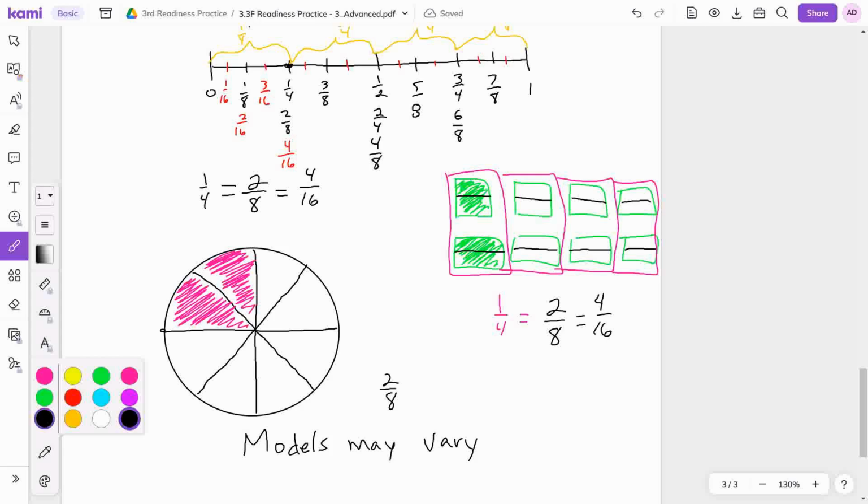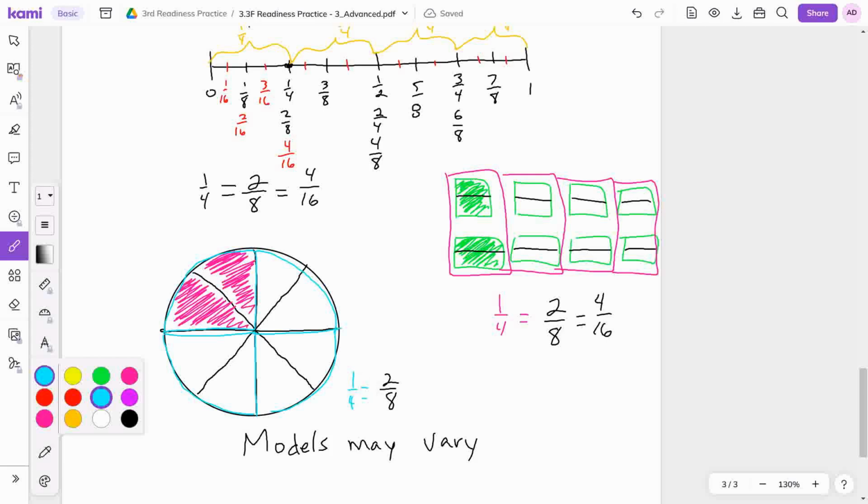Now, hopefully you see, I'm going to draw a blue outline. I can group these eighths, two of them together, to make a fourth. And so I've got 4 equal pieces, and only one of them is shaded in.